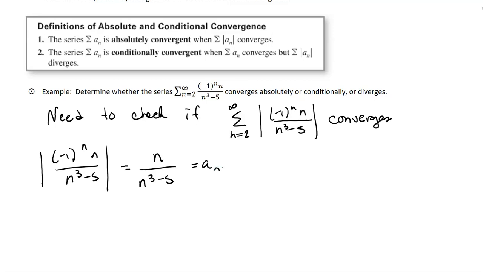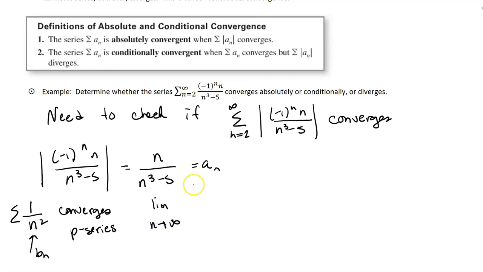If I were to use the sum of 1 over n squared, and call this b sub n, this is a convergent p-series with p equals 2. So I'm going to do the limit comparison test. The limit as n approaches infinity of a sub n over b sub n, so that'll be n over n cubed minus 5 divided by 1 over n squared.